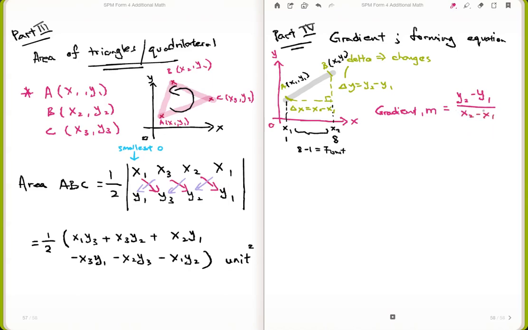For this equation, it doesn't matter whether it's ascending or descending order, any coordinate, as long as you stick with which one you define as x1 and which as x2, then eventually you should get the gradient.